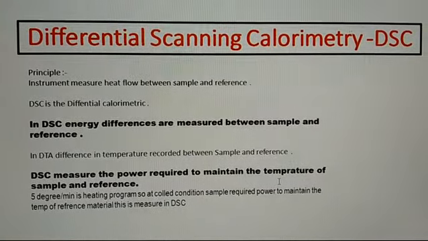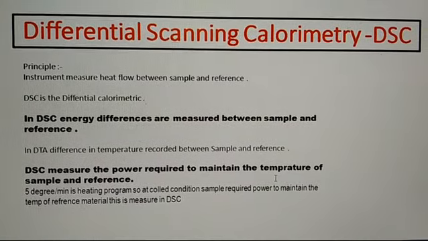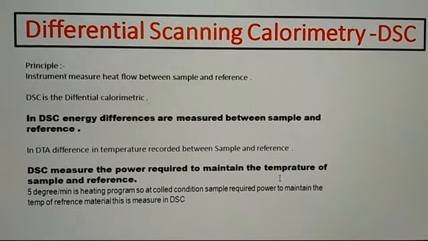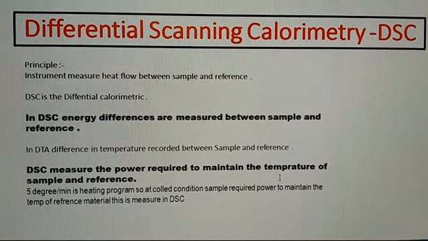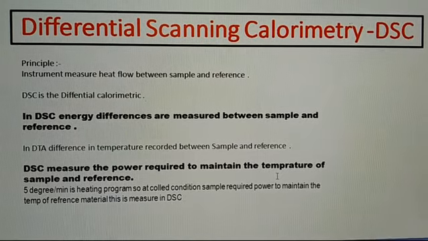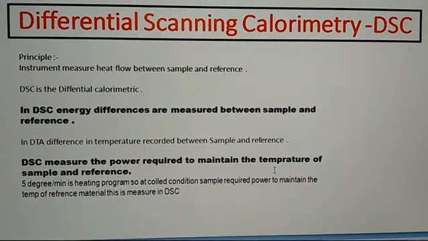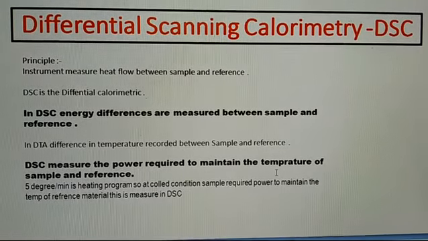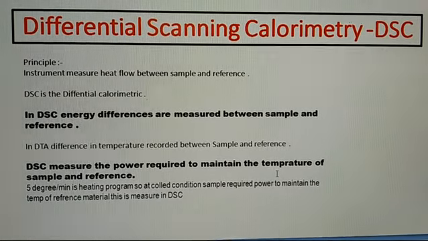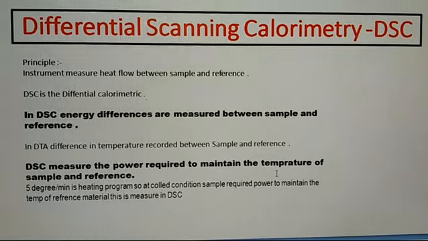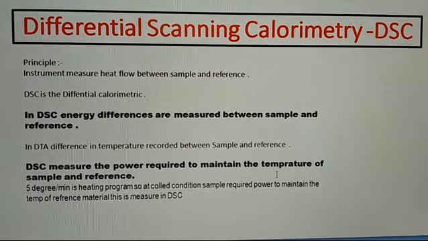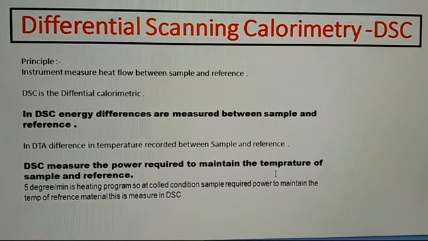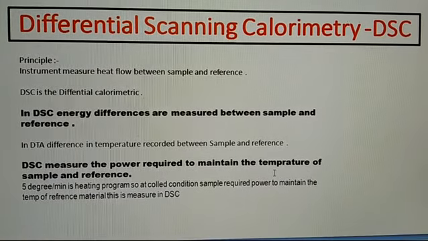The principle of DSC is the heat flow between sample and reference material. In DTA, we see the difference in temperature between sample material and reference material. DSC is differential calorimetry. In DSC, the energy differences are measured between sample and reference material.